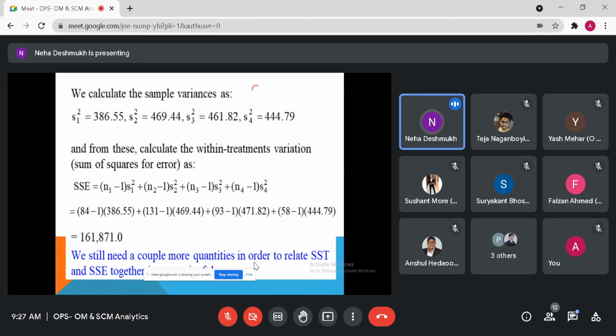To calculate sample variance, the formula is summation i equal to 1 to n, xi minus x bar whole square, upon n minus 1, right? By this formula, you can calculate the sample variance. Are you with me, class? Let's calculate.